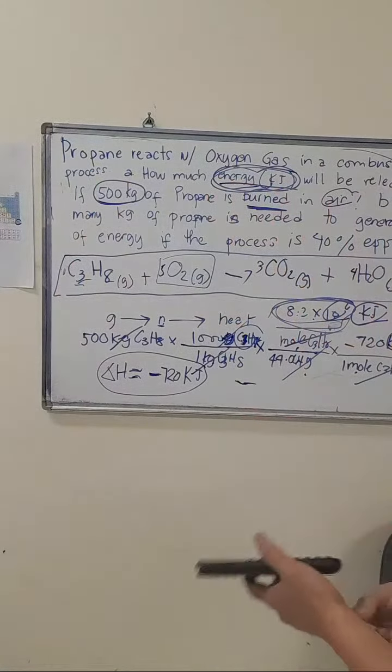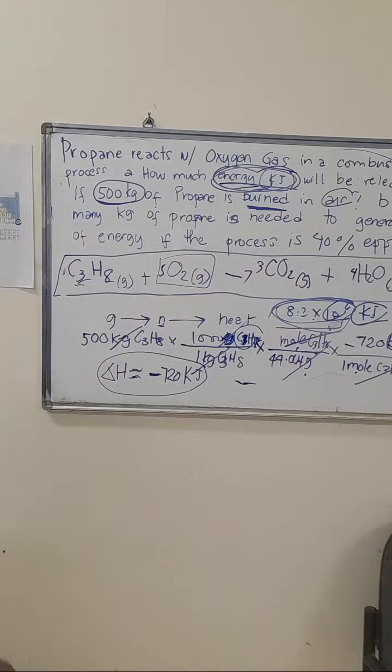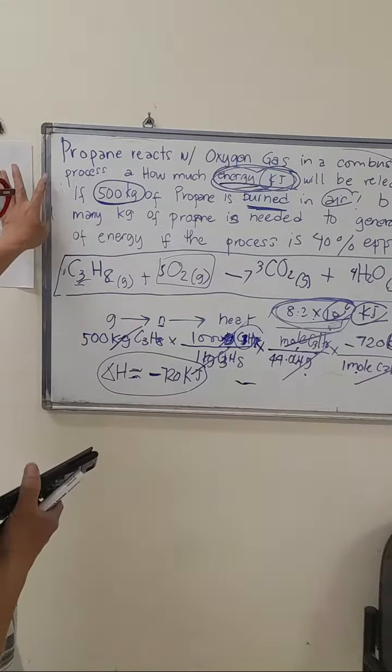Okay, guys? Now the follow-up question. What will be the heat energy needed for the air in a combustion process? Same story, but you will go directly to the number of moles because there's no given grams of oxygen, right?